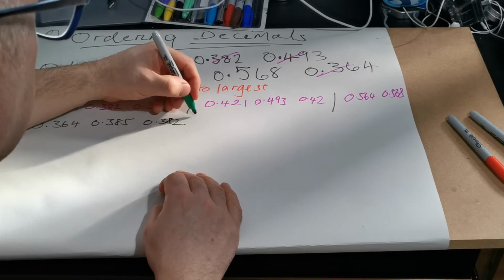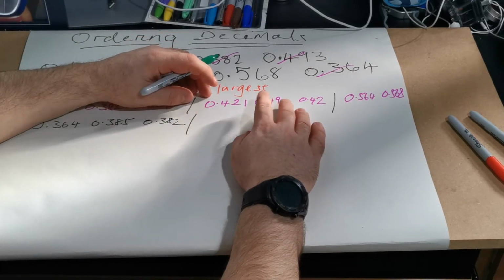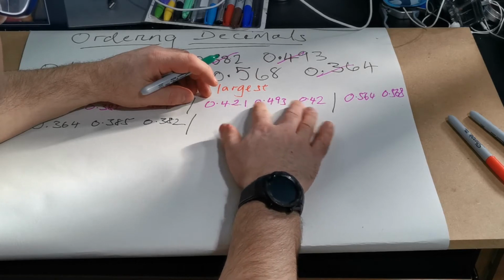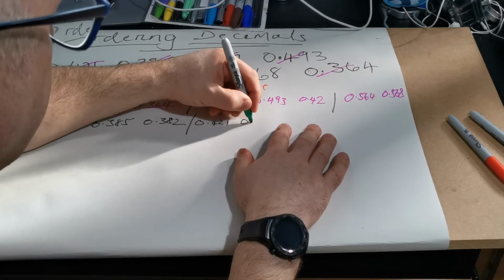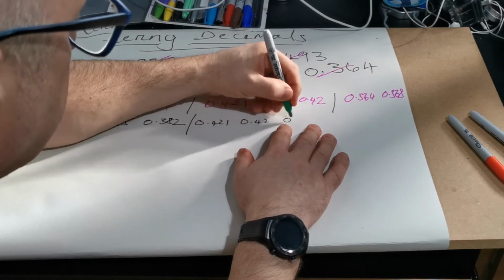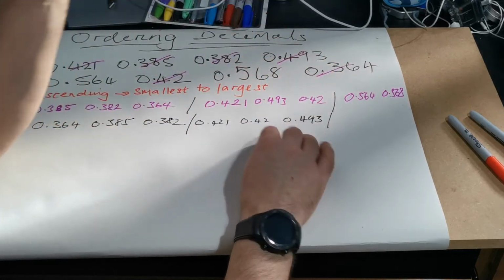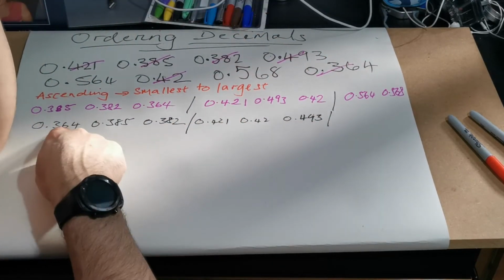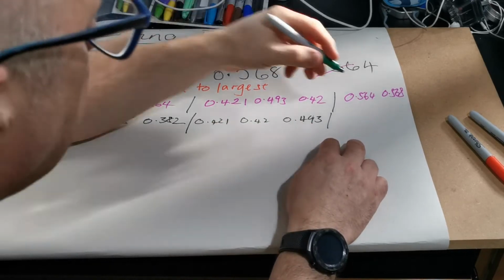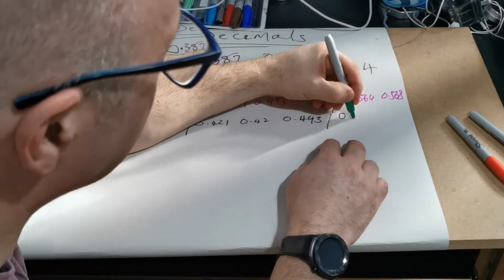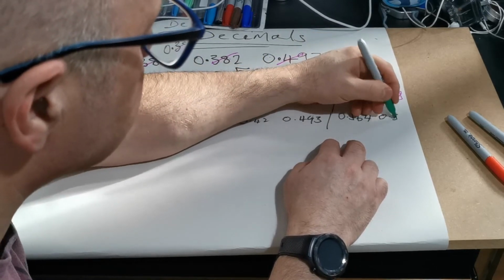And if I look at my 0.4s, oh, what am I going to do? That's about 0.42. Well, I can carry on, but 0.421, 0.42 and 0.493. So here I've got the 6s before the 8s, and I've got the 2s before the 9 on here, and I can't really do anything with those at the minute because they're both 0.56.